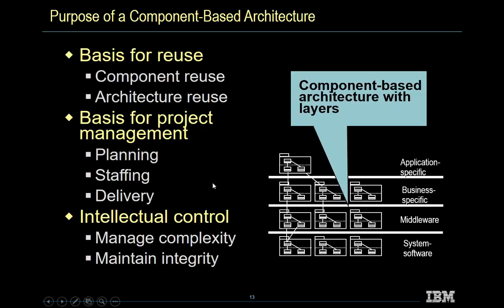In component-based architecture, when we are doing the planning, project management, staffing, delivery, everything is done on the basis of components. So in developing this particular software, what different components do we require? If you look here, there is application component, business requirement, middleware, and program. Program talks to middleware, middleware has a business requirement, and for the business requirement, we have application.